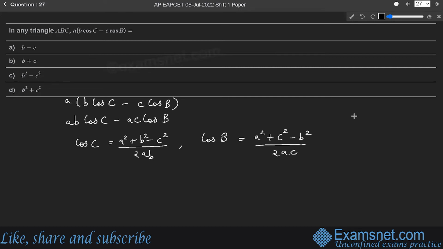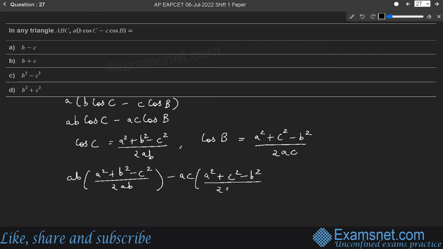On applying this, it becomes ab into (a square plus b square minus c square) divided by 2ab minus ac into (a square plus c square minus b square) divided by 2ac. Here, ab and ab will be cancelled and ac and ac will be cancelled.